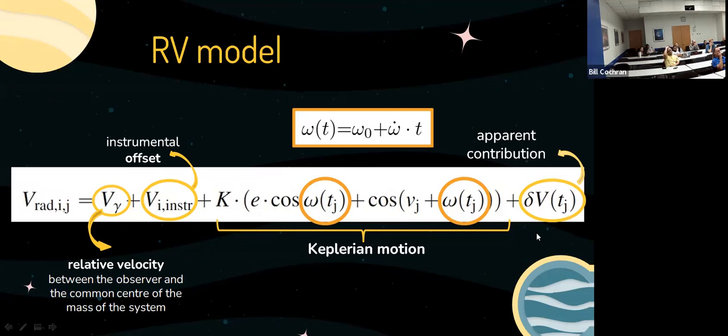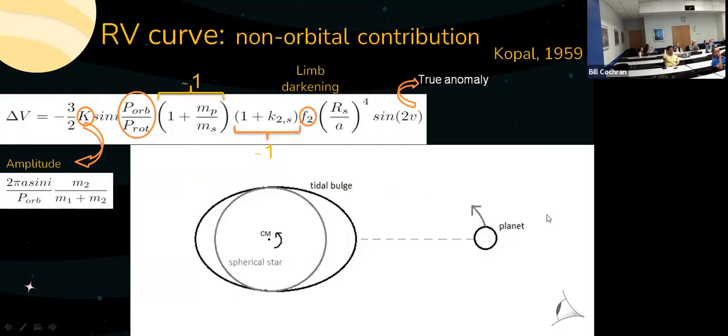What was also kind of new is this apparent contribution, which we call the non-orbital contribution. It's apparent, it's not due to motion. It's due to the fact that whenever there is tidal interaction between the star and the planet, the planet will be deformed, like a rugby ball or something like that. The star will also develop a tidal bulge, and this modifies the shape of the radial velocity, basically. So the light we receive will be modified because of this tidal bulge, which is also rotating with the star.